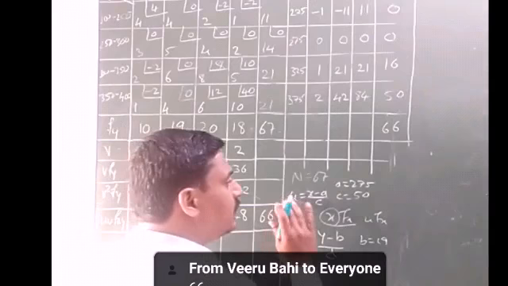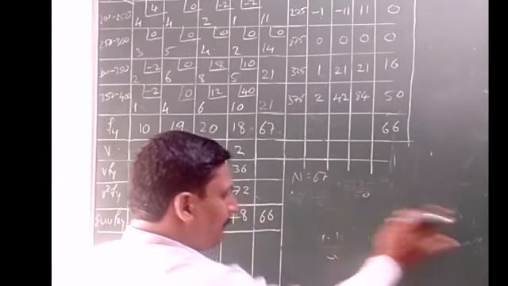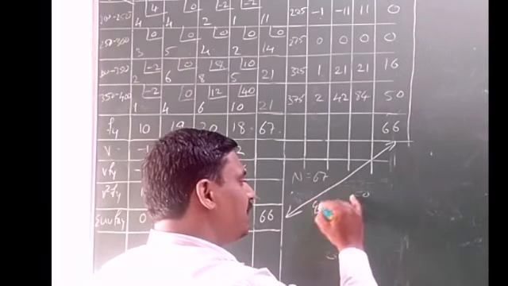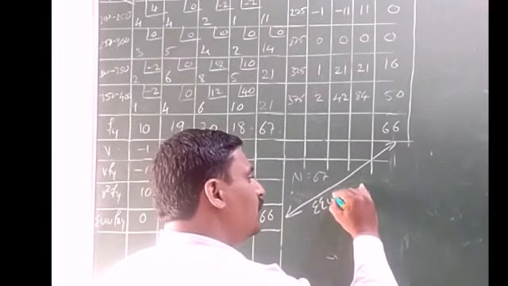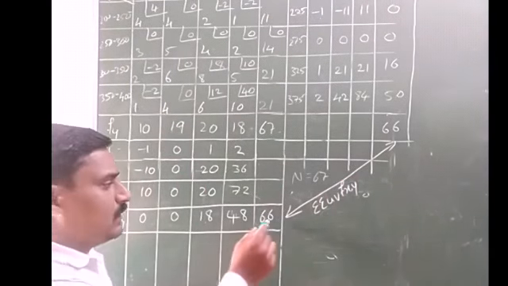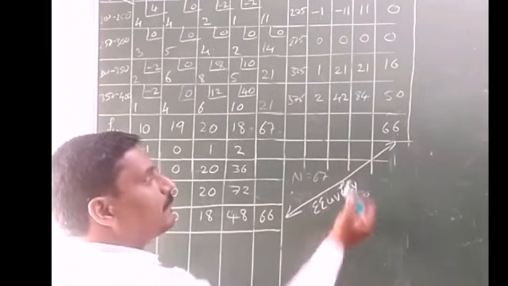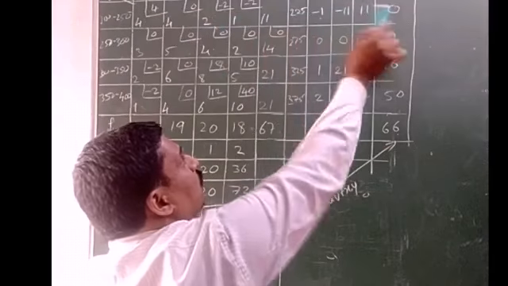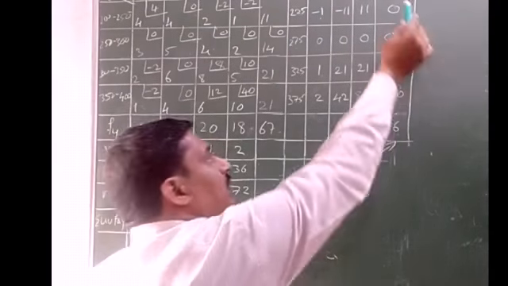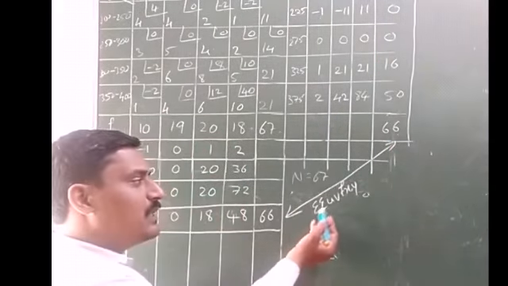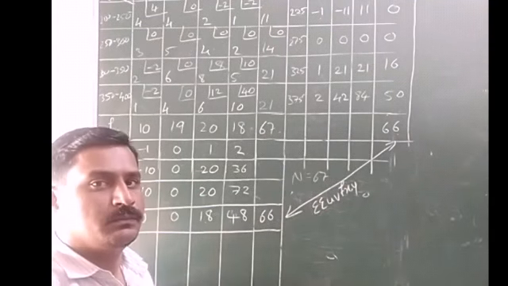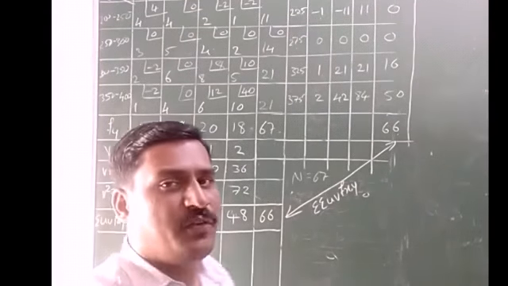So these two totals must tally, and this is referred to as summation of summation UV FXY. 66 here and 66 here. So this is a total of each row, summation UV FXY, and total of each total is referred to as summation of summation UV FXY. So here our half part is completed.